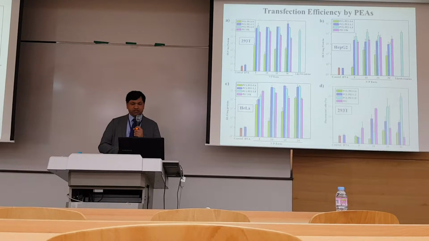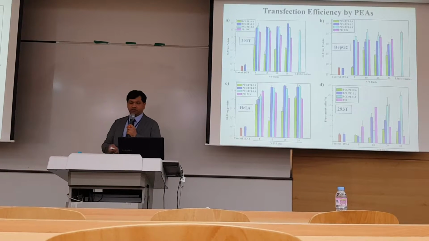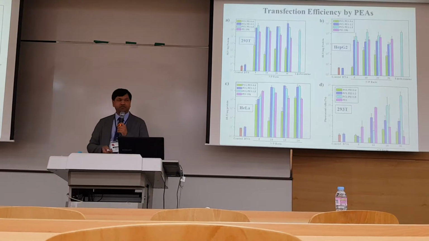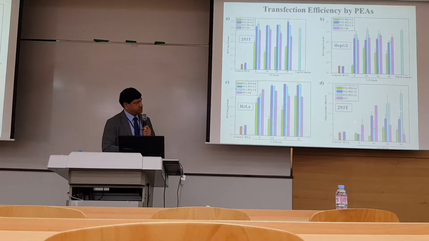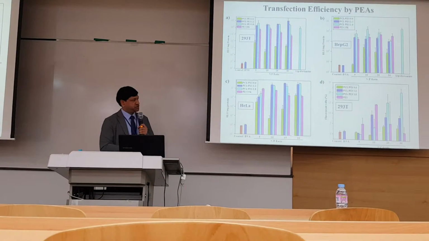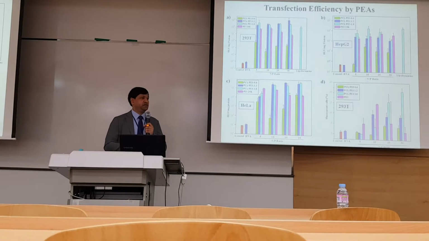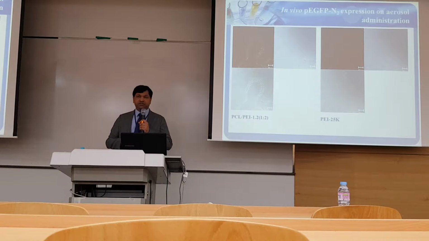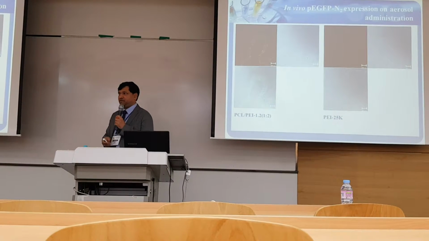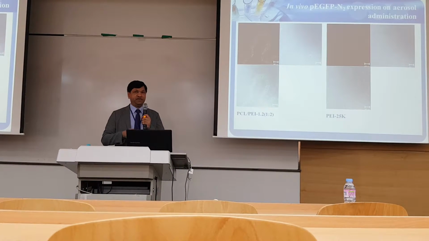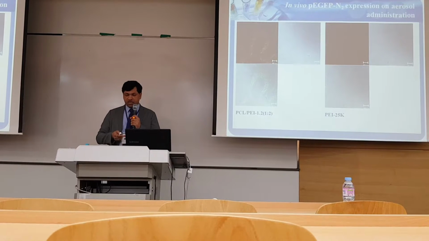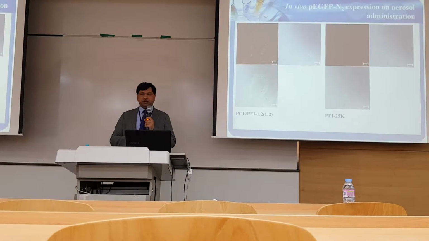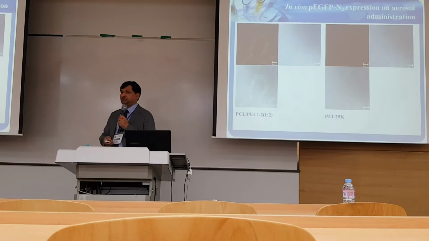Also, when we checked using another reporter gene, GFP, by flow cytometry, we can see the polymer showed high transcription efficiency at N/P ratio 20 and 30 compared with PEI 25 kDa. We also decided to use this material for in vivo application, so we used GFP as another reporter gene and administered it by aerosol administration to the mice.